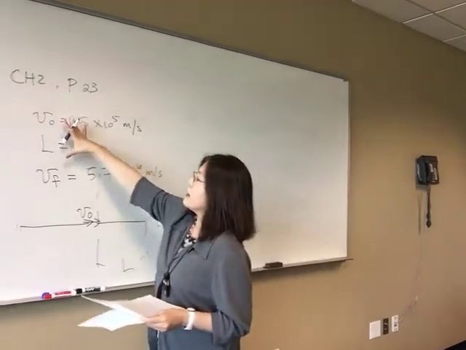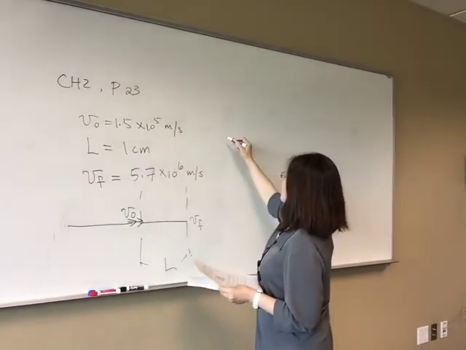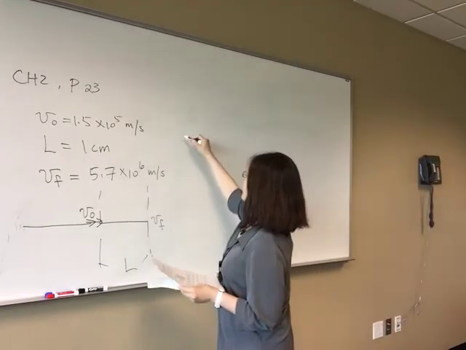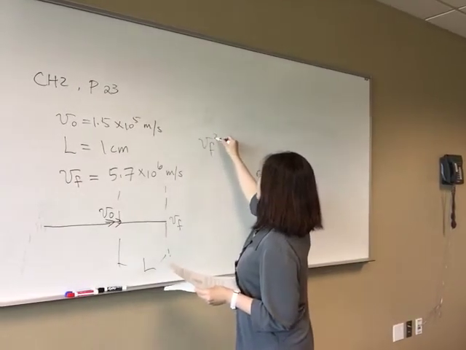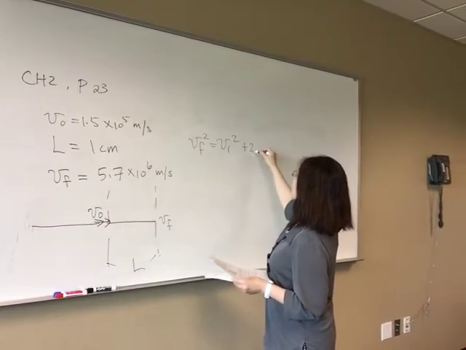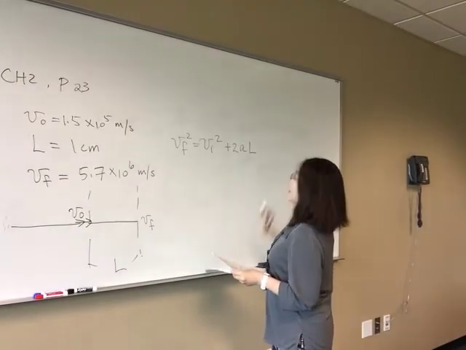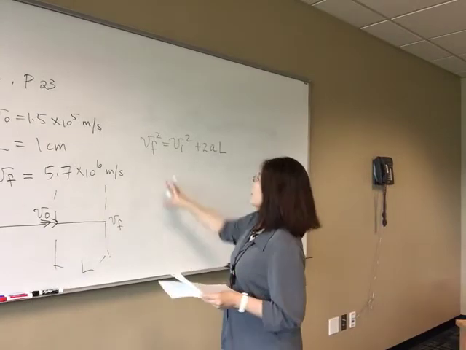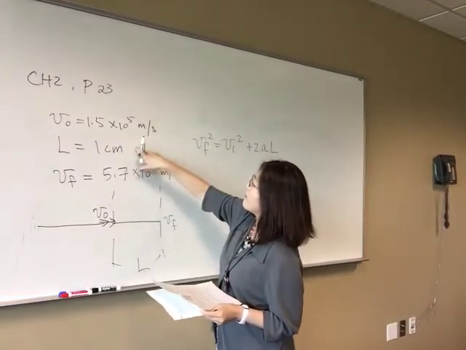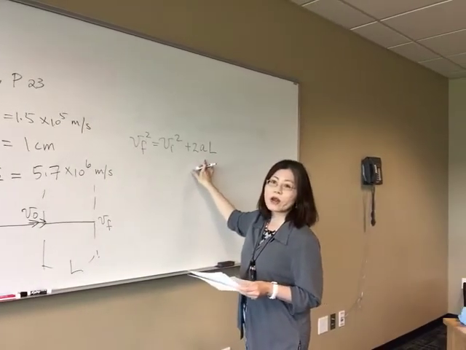That is, the final velocity squared is equal to the initial velocity squared plus 2 times the acceleration times the distance that the particle has traveled. So if we look at this equation, you have this information, that information, and that information, so it becomes very straightforward to find the acceleration.